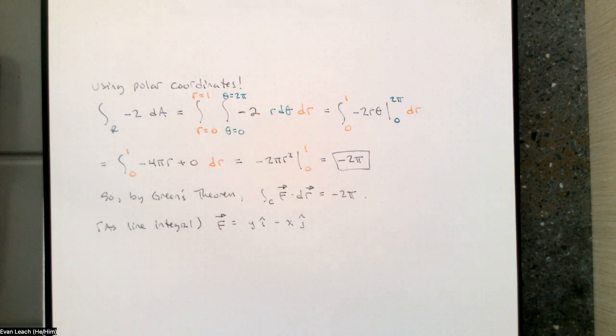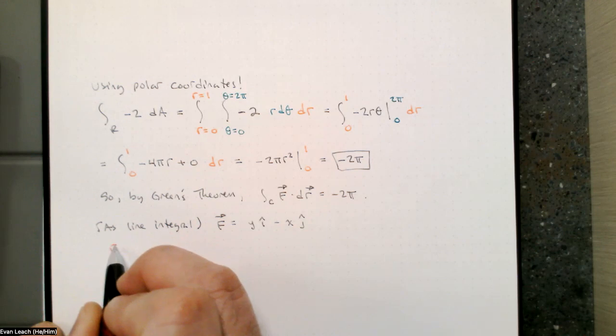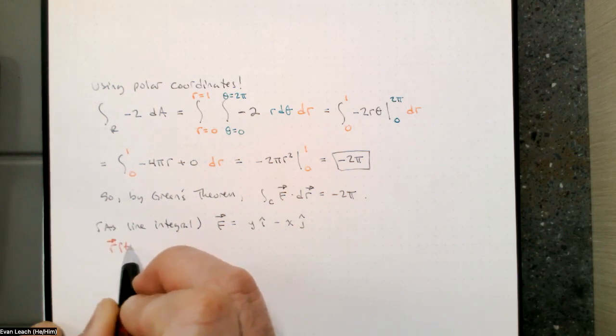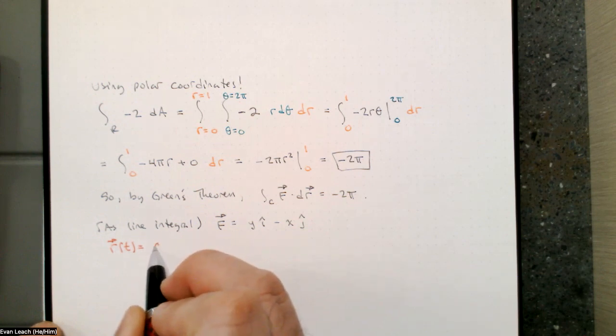If you want to think of this in terms of a line integral, we have to set up a parameterization for our circle. And now we can see why I used the unit circle, because the parameterization is nice and simple.